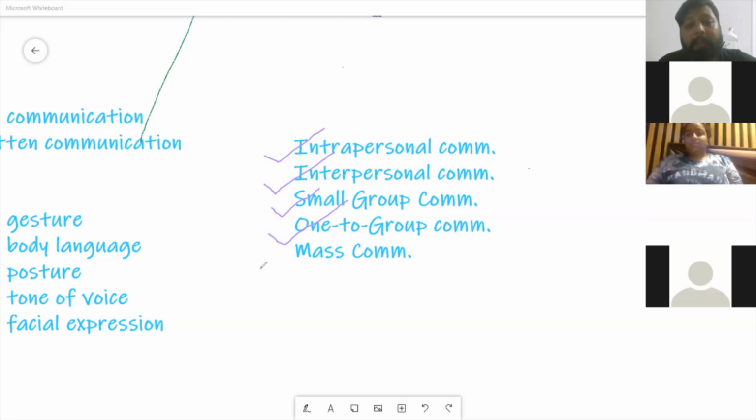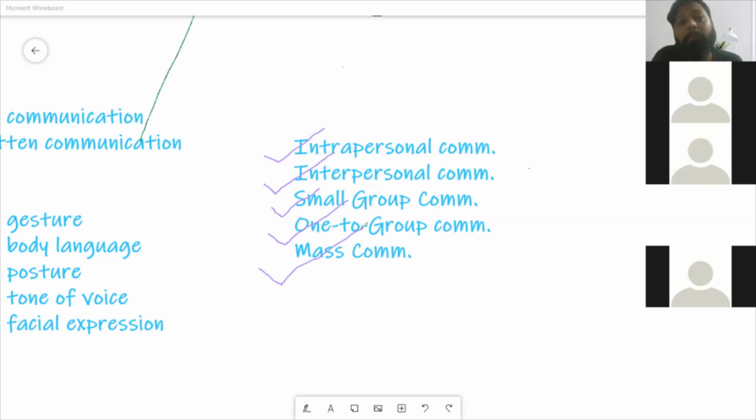And the last is mass communication. Now, this is what I earn my bread out of. Whenever you are watching news, whenever you see billboards, advertising, posters, pamphlets, brochures, all of those are mass communication. So you can take an example of the school notice board.